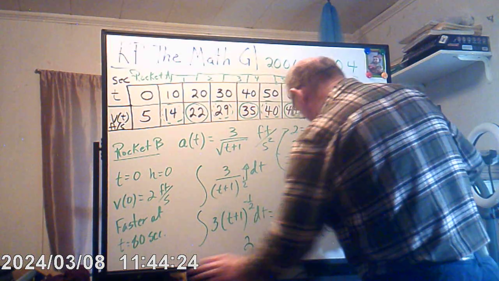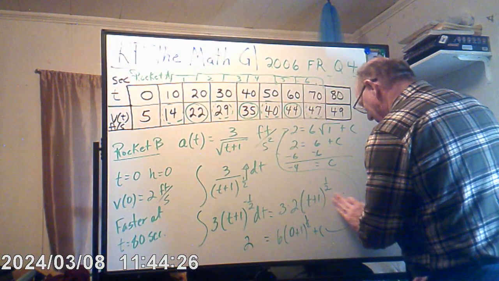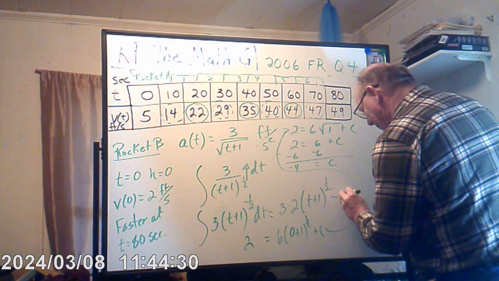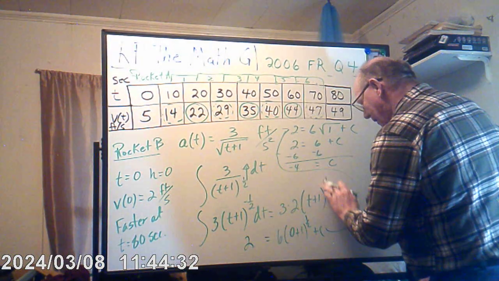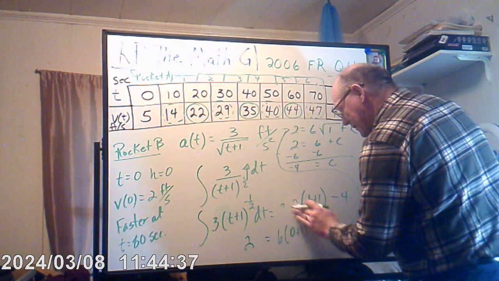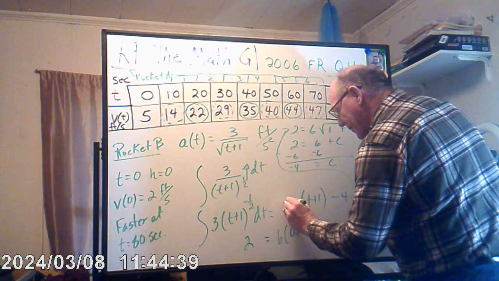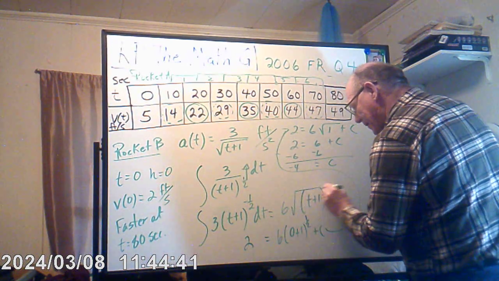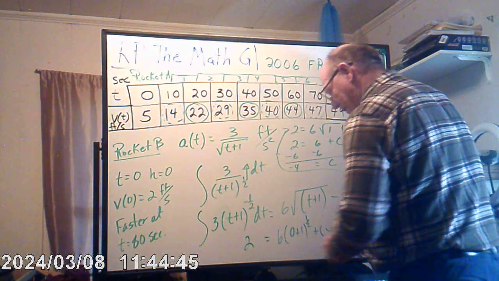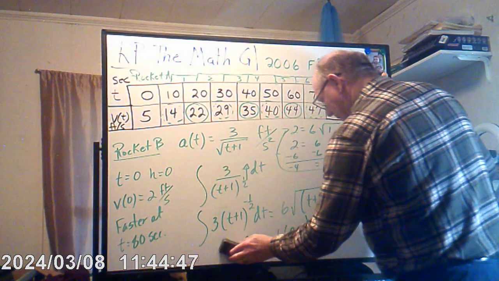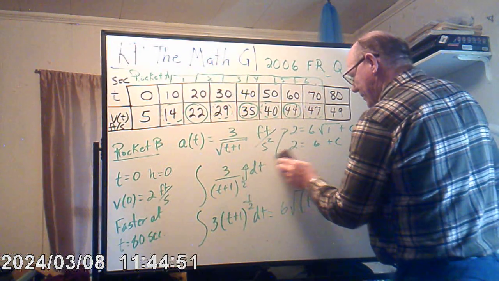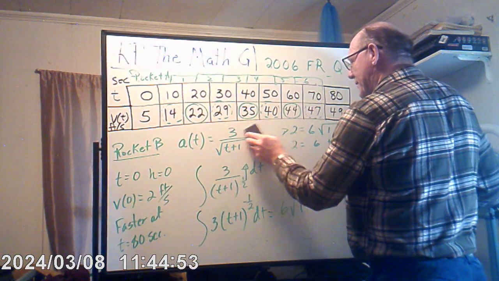So in this case, the c is negative 4. And this 1/2 is the square root. So 3 times 2 is 6, times the square root of t plus 1 minus 4. There it is. And then now I need to determine if it's faster when t equals 80.